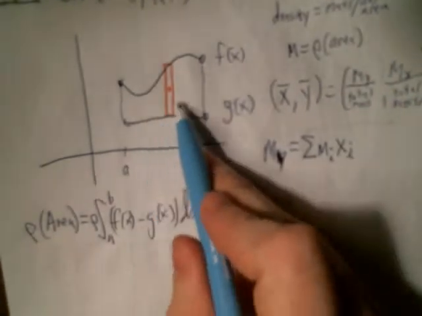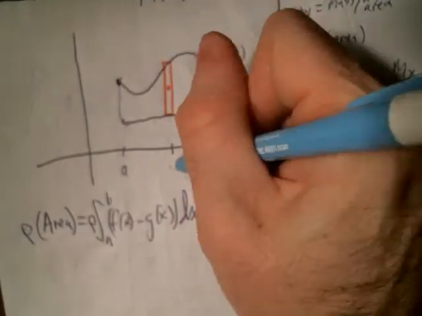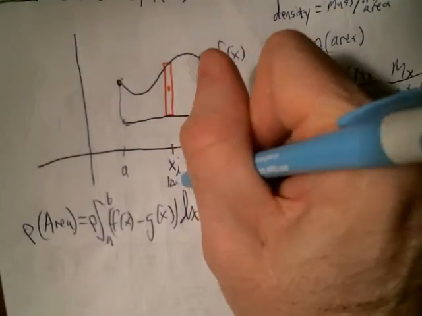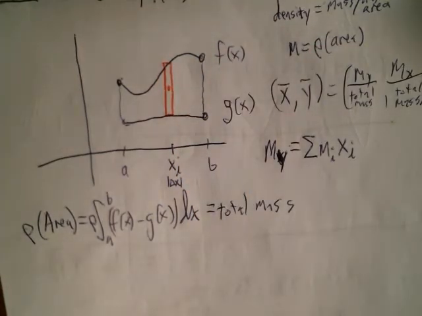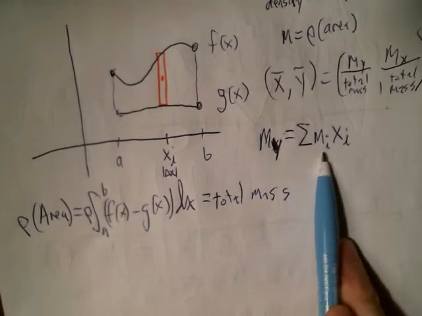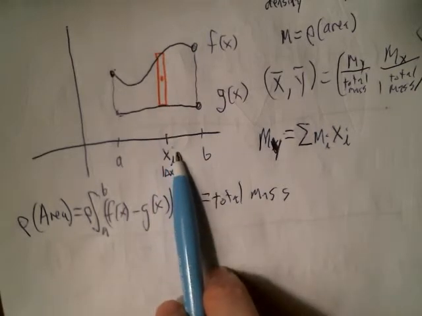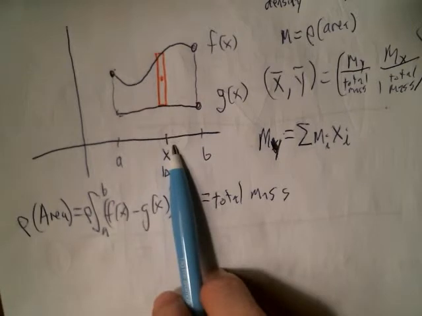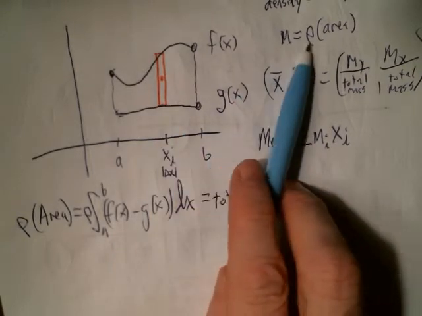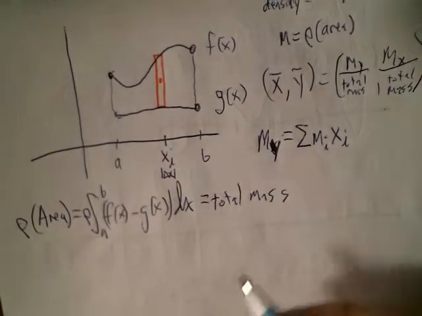Okay, so for our particular rectangles, the distance from the y-axis for any rectangle will just be given by x sub i, right? And the width is change in x. So in order to figure out m sub y, I just need to sum up the mass at this particular point times the distance from the y-axis. And the mass then is always given by rho times the area at that particular point. And so we need the area of this particular rectangle.